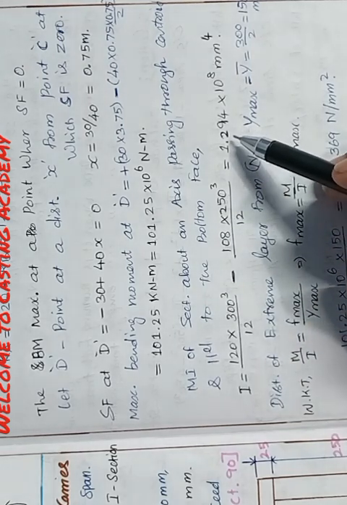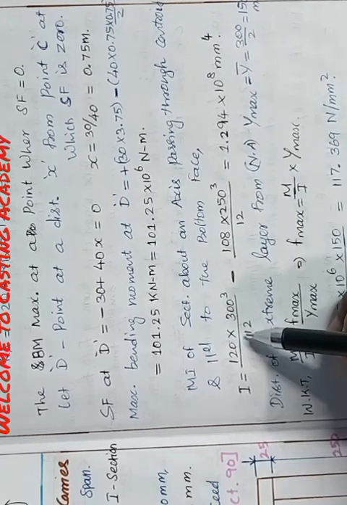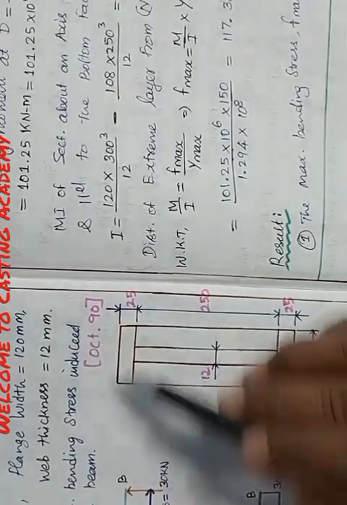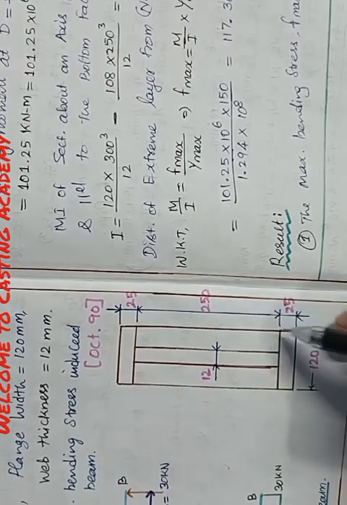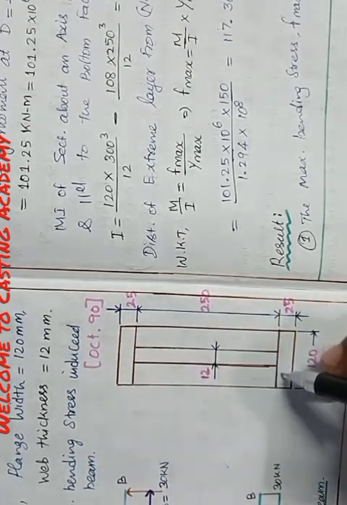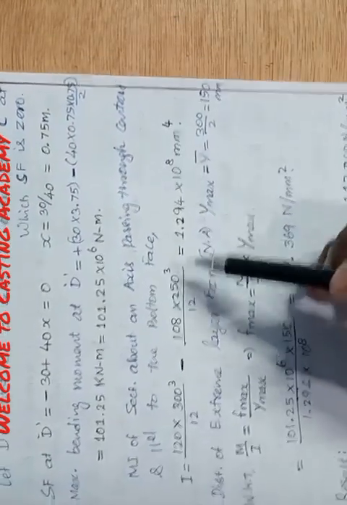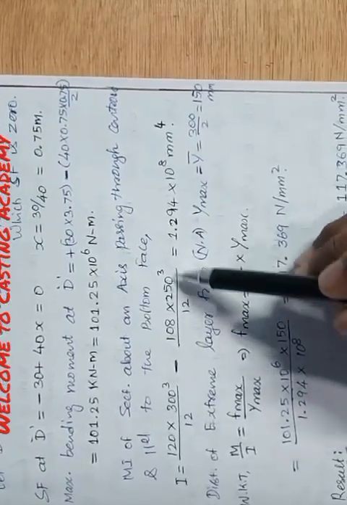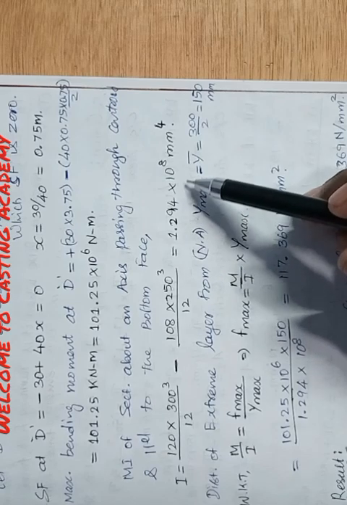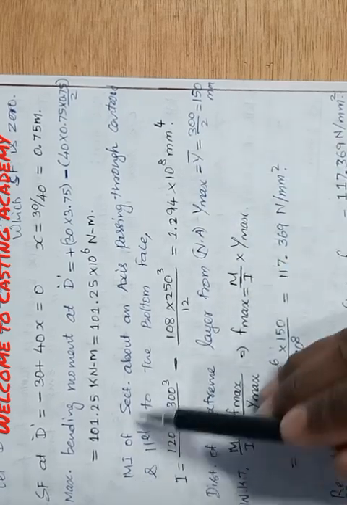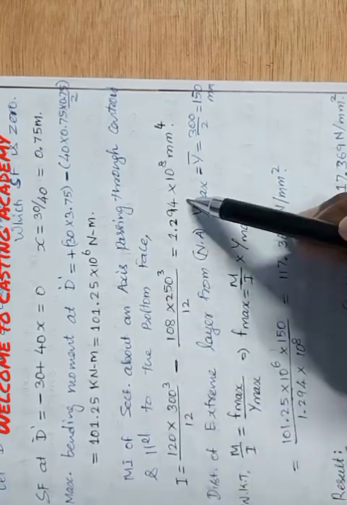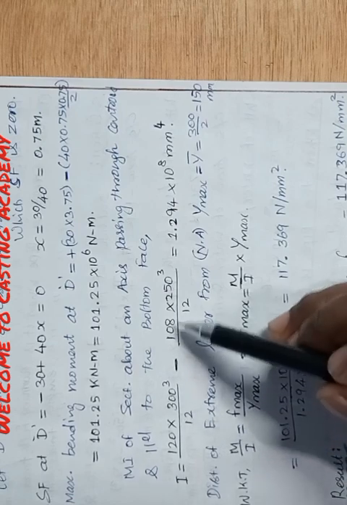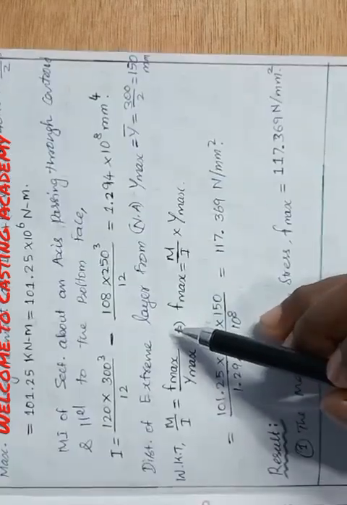Here 120 into overall depth 250 cubed by 12, minus the cut-out portions, 108 into 250 cubed divided by 12. The answer is 1.294 into 10 power 8 mm power 4. So the moment of inertia of the section is the overall moment of inertia minus the moment of inertia of the cut-out portions.